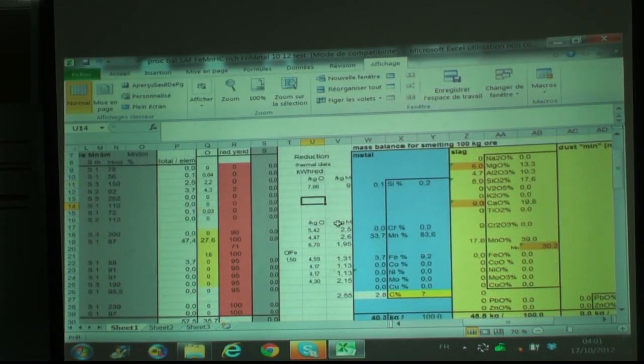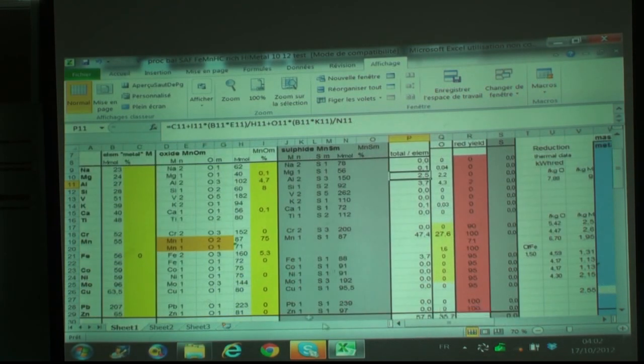Okay, let's see how we calculate this. Sorry, I go back. In 100 kilo ore, you have, sorry, this is aluminium.